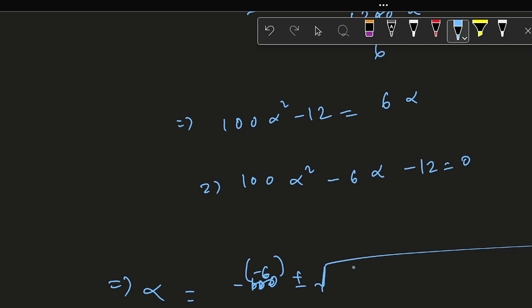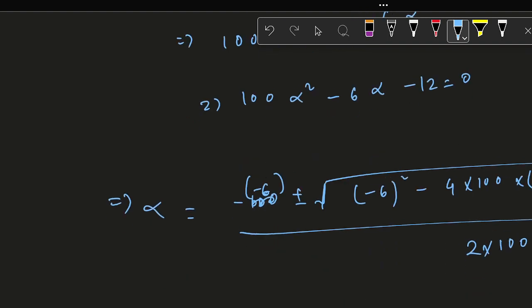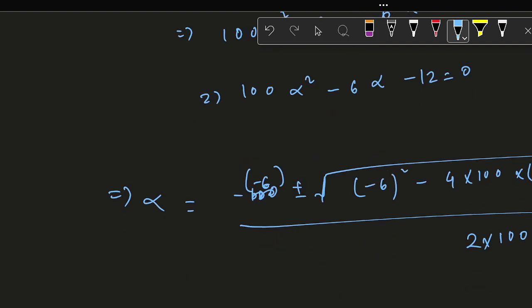So this is minus of minus 6 plus minus root of b squared minus 4 into a into c, by 2 into a, right? So this is just alpha equal to 6 plus minus root over 36 plus 4800, divided by 200.